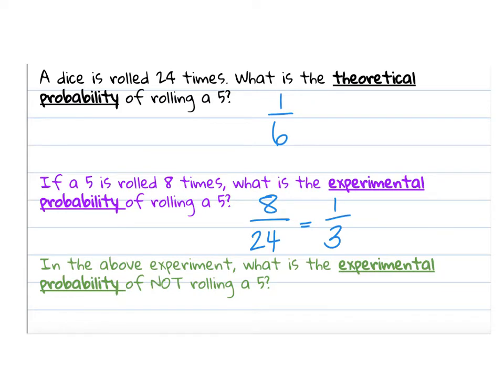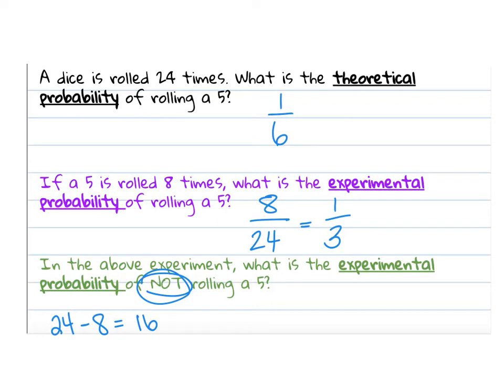In the above experiment, what is the experimental probability of not rolling a 5? Well, if I rolled a 5 8 times, that means every other roll was not a 5. So I could take 24 and subtract off the 8, which would be 16. So that means 16 of the times it did not land on 5.